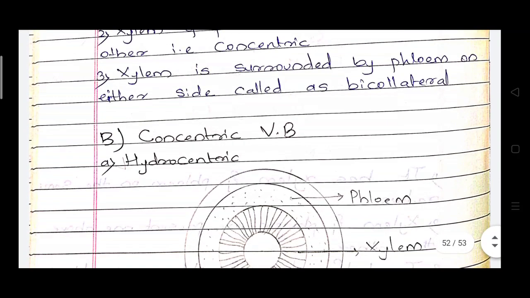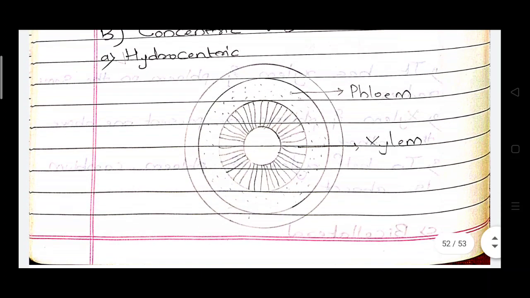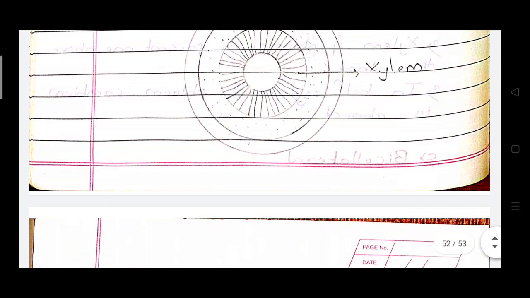Then the next main type of vascular bundle is the concentric vascular bundle. Concentric vascular bundles have two types, hydrocentric and leptocentric. In hydrocentric, you have to see in this figure, the phloem is present on the outer side and the xylem at the inner side.